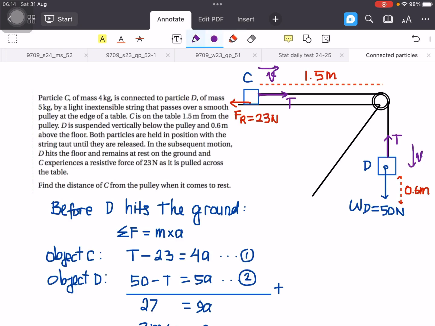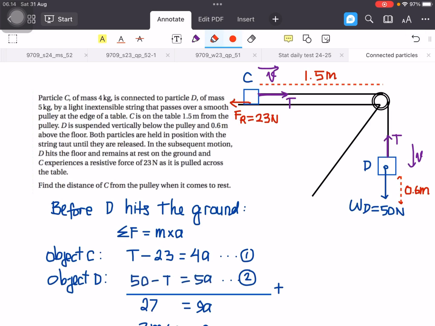So for the equation, we are going to use the agreement that the positive direction follows the direction of the motion, which is downward. So the equation for particle D is 50 minus tension is equal to 5A.